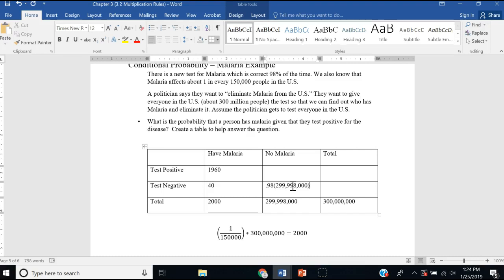So take 98% of 299,998,000, and we see that the group who tests negative and didn't have malaria comprises about 293,998,040 people.